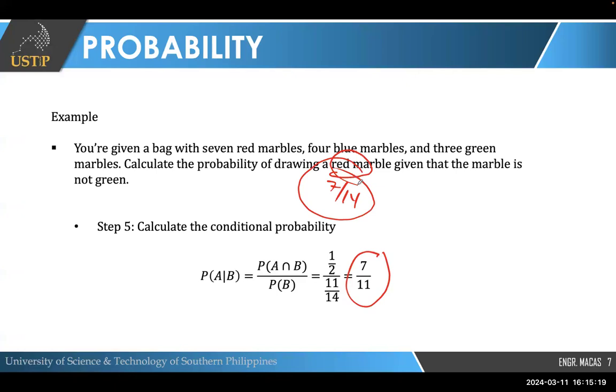Yes, that's the probability of drawing a red marble, pero it's a different probability if it has now a condition which is given that the marble is not green. Okay? So given that the marble is not green, mao nang nakay 7 over 11. Because you're now considering na dili green nga marble ang na-occur na ba?